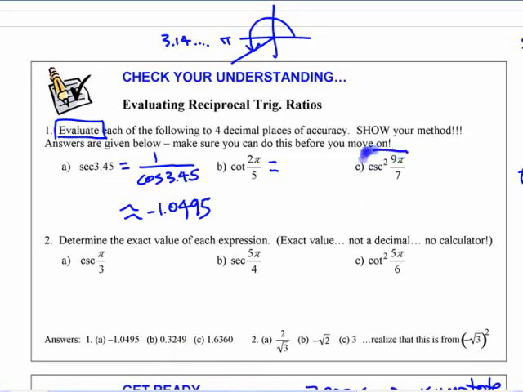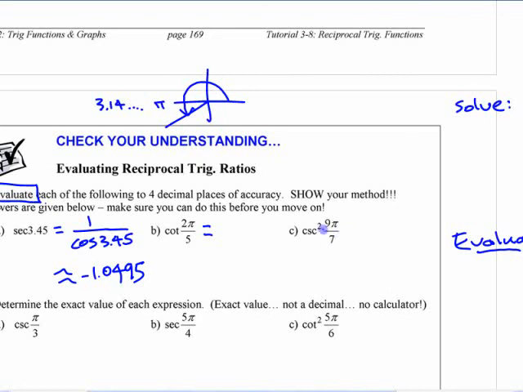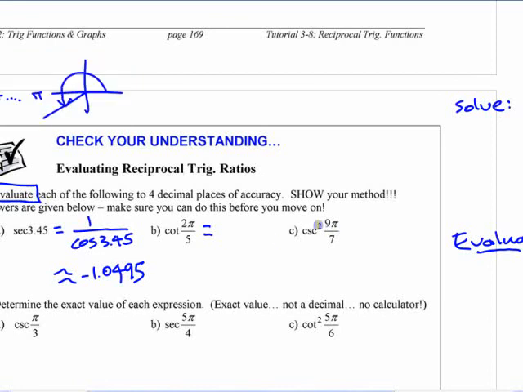This last one here requires a bit of explanation. And the first part of the explanation is mathematicians tend to be lazy people. So for some reason they've adopted this as the notation, and this makes it different here, this little squared in there. What this means is the same as if it said cosecant of 9 pi over 7, all squared.